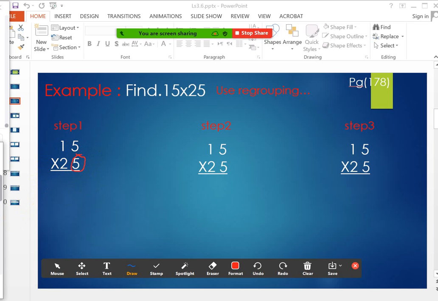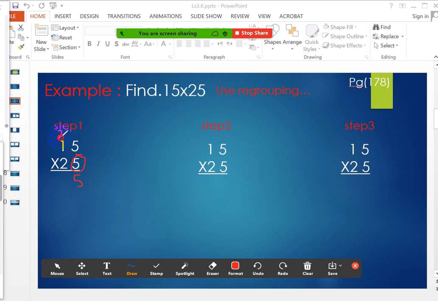Yes, Kinsey? Kinsey, open your mic. Yes, teacher. Okay, so if I want to multiply those numbers with regrouping, 5 multiply 5 equals what? 25. Can I write 25 here? No. What I have to do, I have to put 5 here. I will put the 5 down and the 2 above the 10.